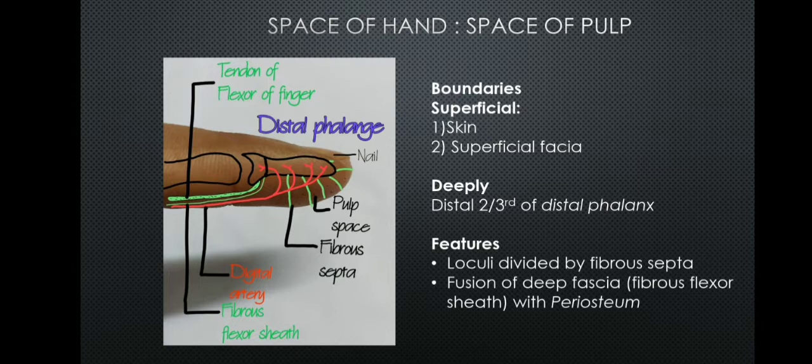Infections in the pulp space can be drained by a lateral incision, which opens all the compartments and avoids damage to the tactile tissue in front of the finger. If neglected, this whitlow or felon may lead to necrosis of the distal four-fifths of the terminal phalanx due to occlusion of the vessels by the tension.